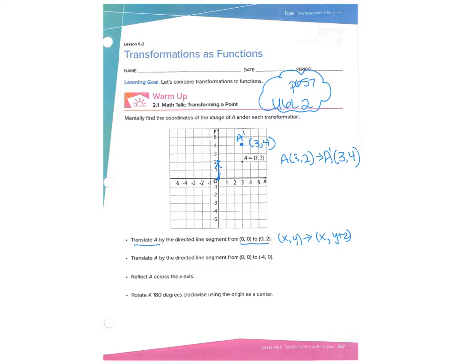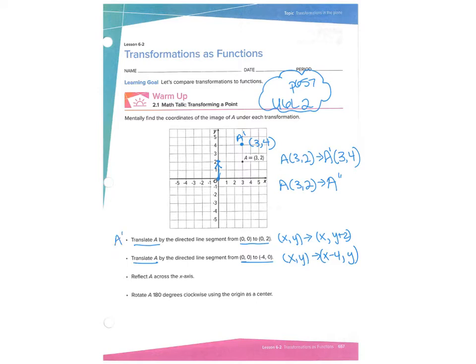So then let's take a look at translating A by the directed line segment 0, 0 to negative 4, 0. So in this case, I'm going to take 4 away from my x coordinate, but I'm not going to be changing what my y coordinate is at all. So in this problem, to do this translation, I would start at my 3, 2. So my A is 3, 2, and we'll call this guy A double prime.